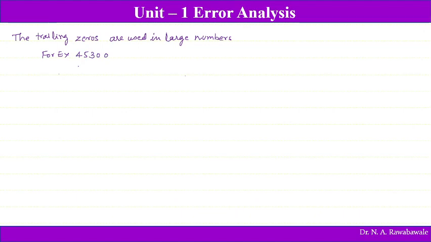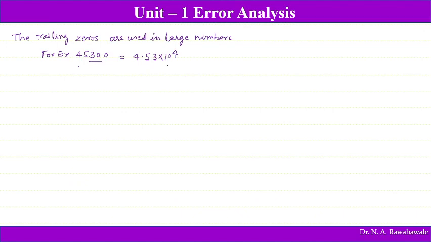It may have 3, 4, or 5 significant figures, significant digits, depending on whether the zeros are known with confidence. Such uncertainty can be removed by using scientific notation as 4.53 into 10 to the power of 4. So this number can be written as 4.53 into 10 to the power of 4.